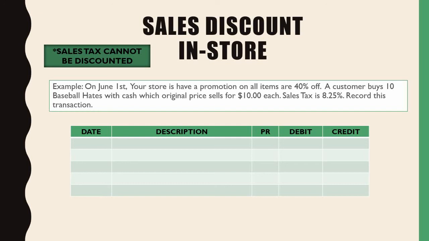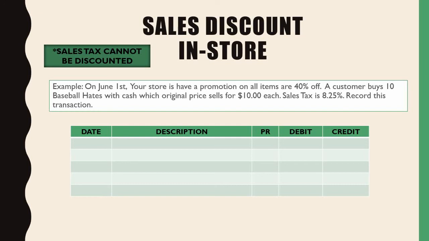And a customer buys 10 baseball hats with cash, and the original cost was $10 each. Sales tax is going to be 8.25%. So, how do you record this transaction?